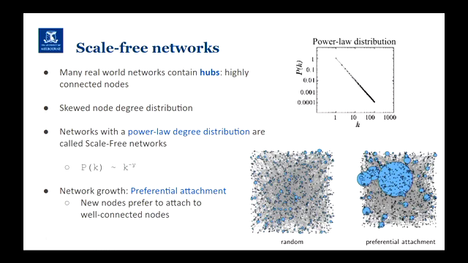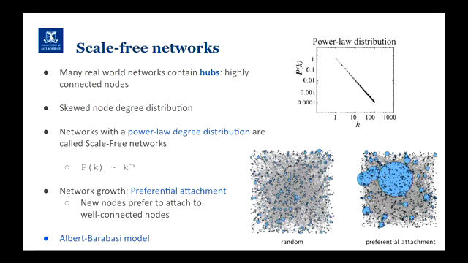And that's how the Albert-Barabasi model works, by preferentially attaching new nodes to a given node that is well-connected. Okay? And this is basically how you can characterize different networks and different network models and identify importance in those networks and the different node properties.